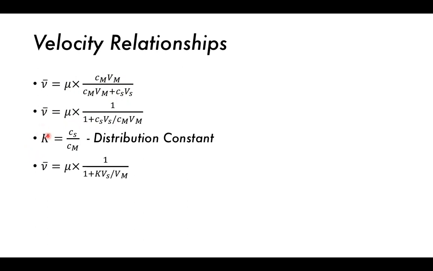Since K is the concentration of the stationary phase divided by the concentration of the mobile phase, the distribution constant, we can substitute that in because CS over CM is equal to K. And so the velocity becomes equal to the velocity of the mobile phase times 1 over 1 plus K times the volume of the stationary phase divided by the volume of the mobile phase. These are some of our velocity mathematical relationships, which will be important for us to work out how fast our solute is moving through the column.